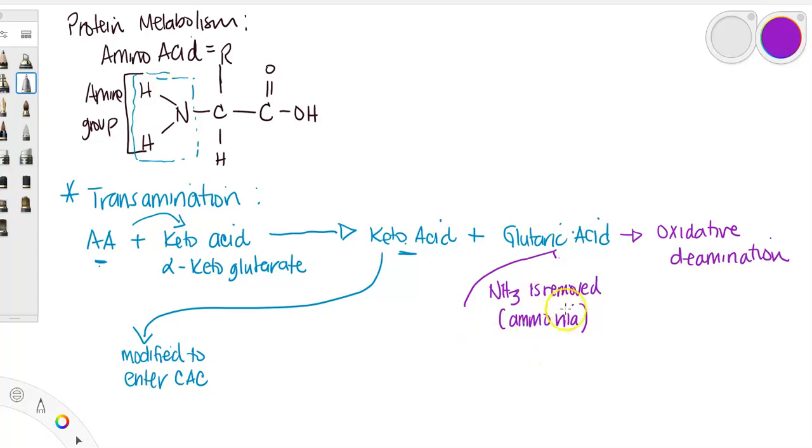So since NH3 is removed, in that process, a carbon dioxide is released.